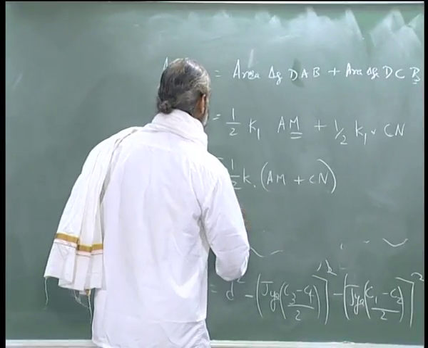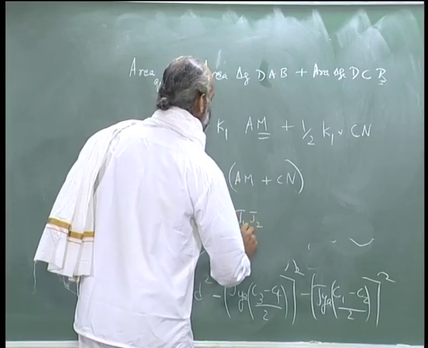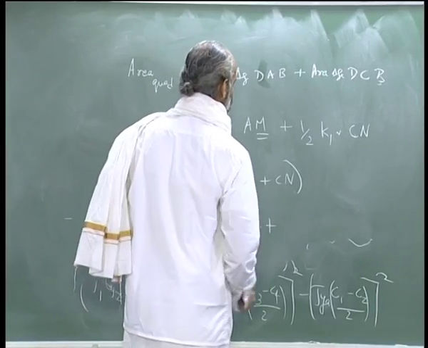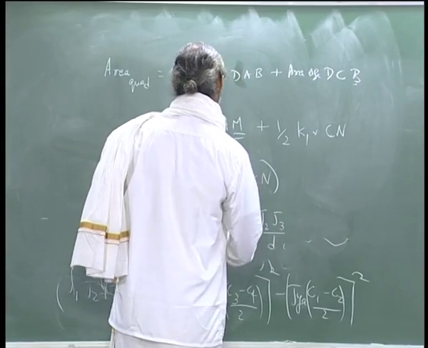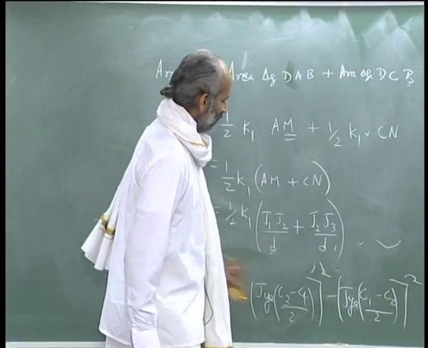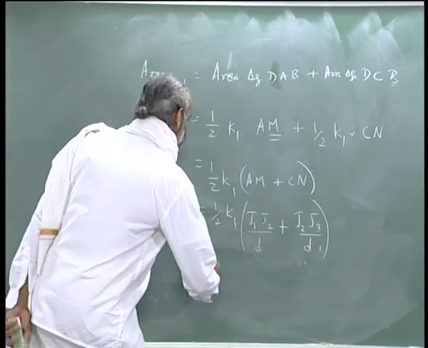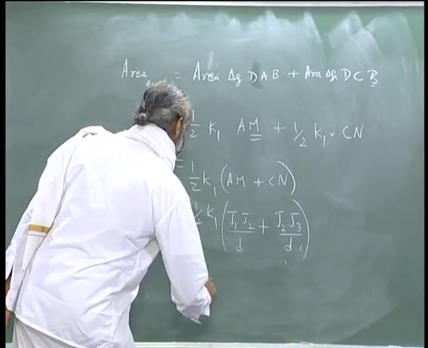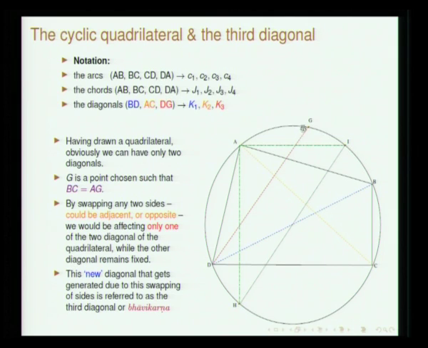So, this is half K1 into J1 J4 by D plus the other two, J2 J3 by D. So, this is half, 1 by 2D times J1 J4 and J2 J3.